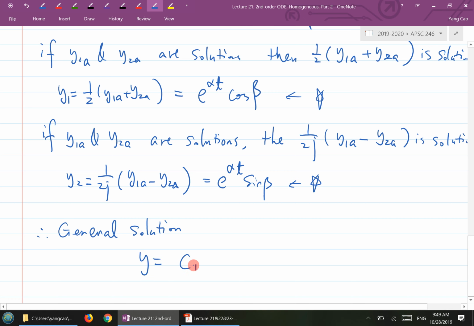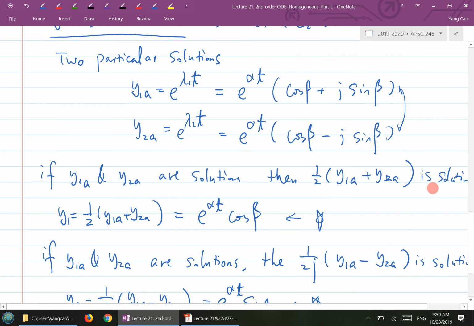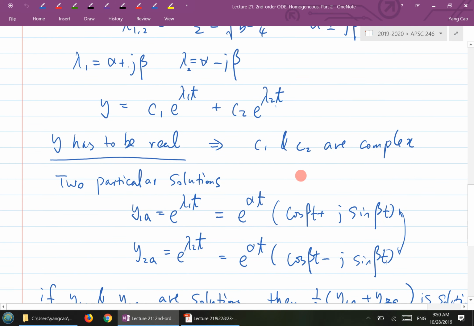Let's call it y. So c1 times y1 plus c2 times y2, which is c1 e to the power of alpha t, and cosine beta. Did I miss a beta t here? Yeah, sorry, this is beta t, because lambda is alpha plus j beta, so alpha t plus j beta t.